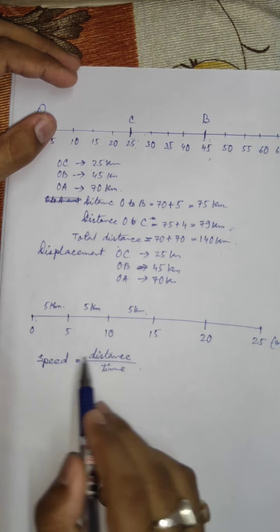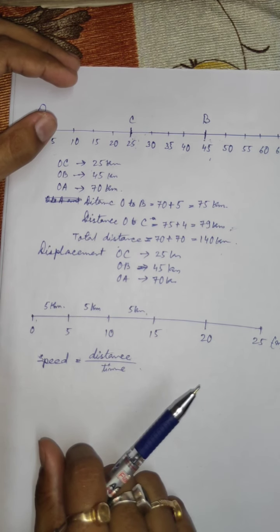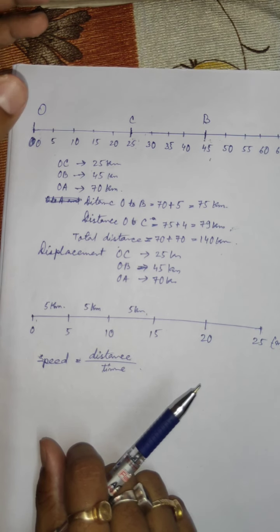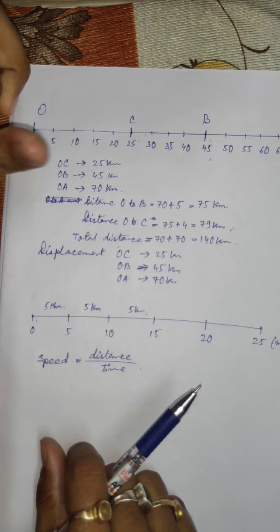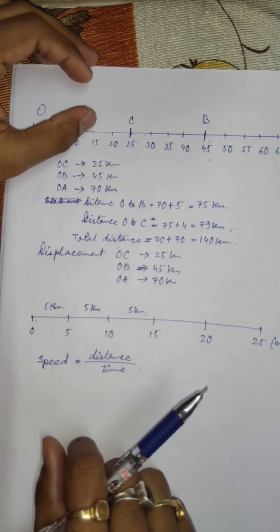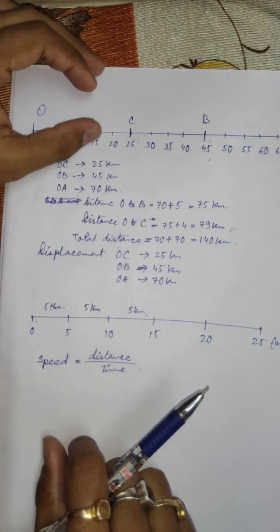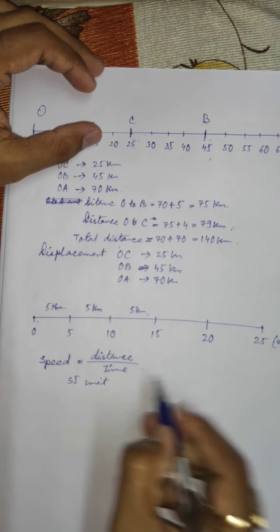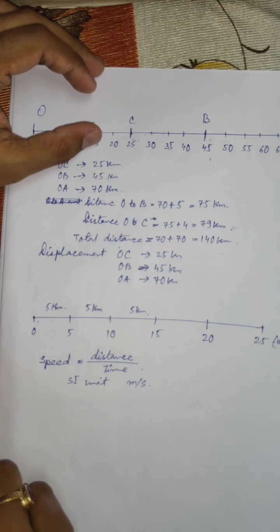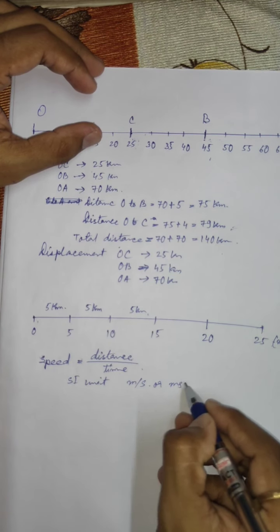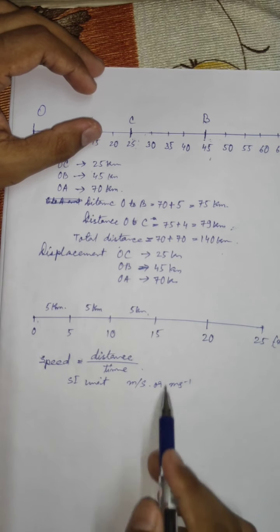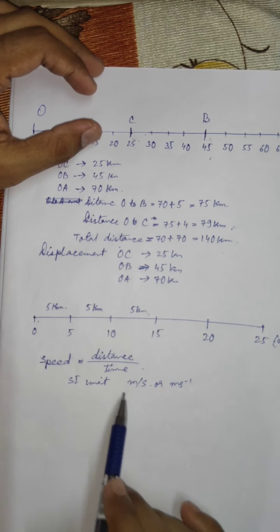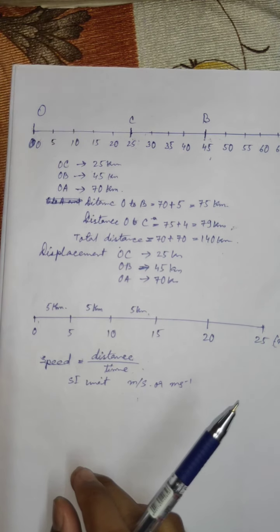When we measure the distance traveled by an object with respect to time, that is the rate of motion, and this is called speed. The SI unit of speed is meter per second, or you can write m s to the power minus 1 in terms of exponents. The SI unit of distance is meter and of time is second, so meter per second or meter second inverse. This way we can write.